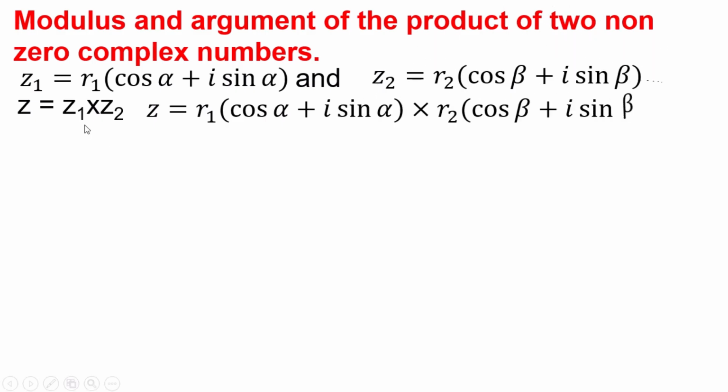We multiply z1 times z2, so z equals r1 (cosine alpha plus i sin alpha) times r2 (cosine beta plus i sin beta). r1 times r2 alone, we have (cosine alpha plus i sin alpha) into (cosine beta plus i sin beta). This is cosine alpha cosine beta minus sine alpha sine beta, the real part. The imaginary part, cosine alpha sine beta plus sine alpha cosine beta, into i.